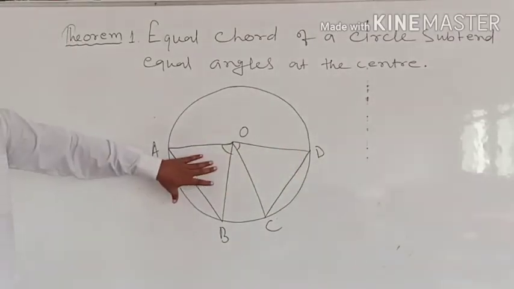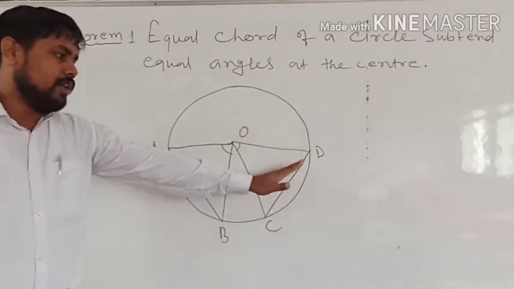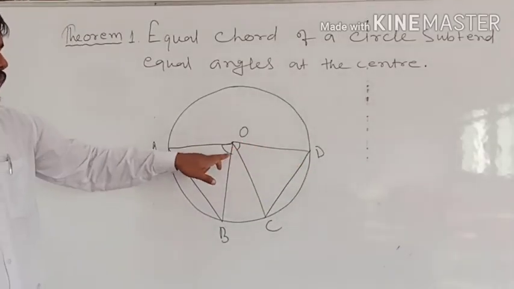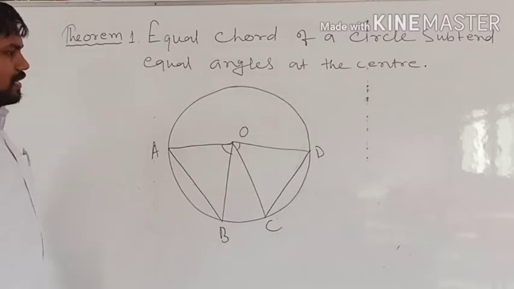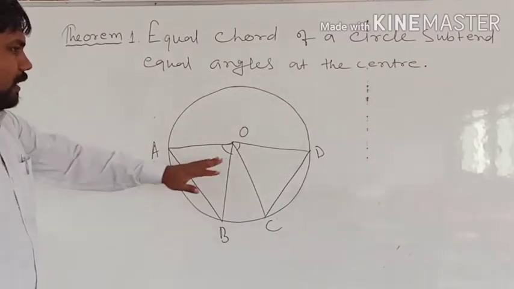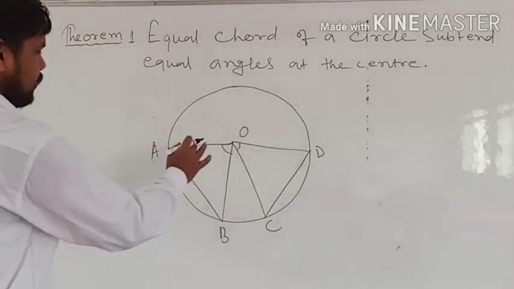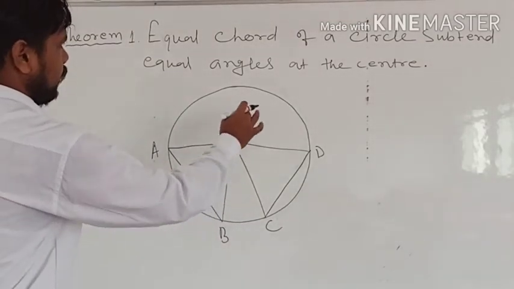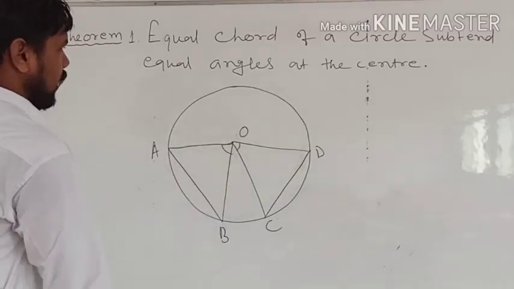If these two sides are the same, then you have to prove that these two angles will also be the same. To prove this, let us take these two triangles, triangle AOB and triangle OCD.